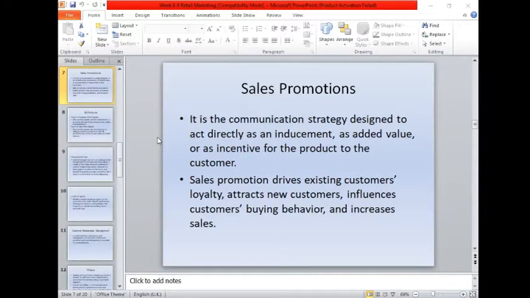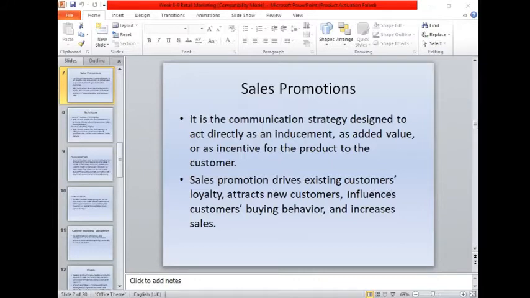Sales promotion also drives existing customers and, of course, attracts new customers, and also maintains or retains the existing customers, and increases the sales and influences the customer buying behavior.